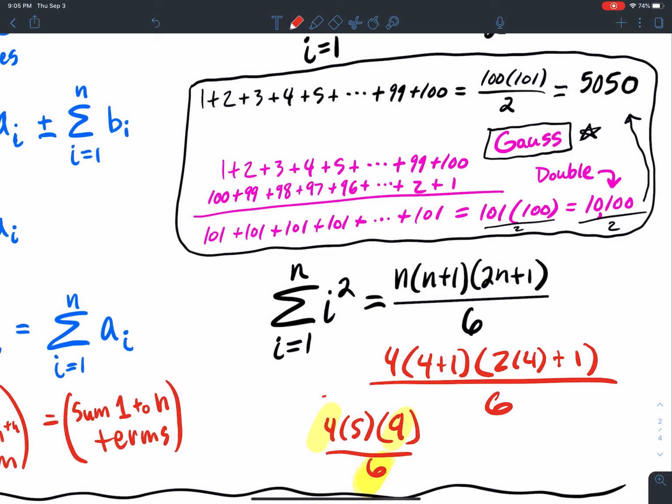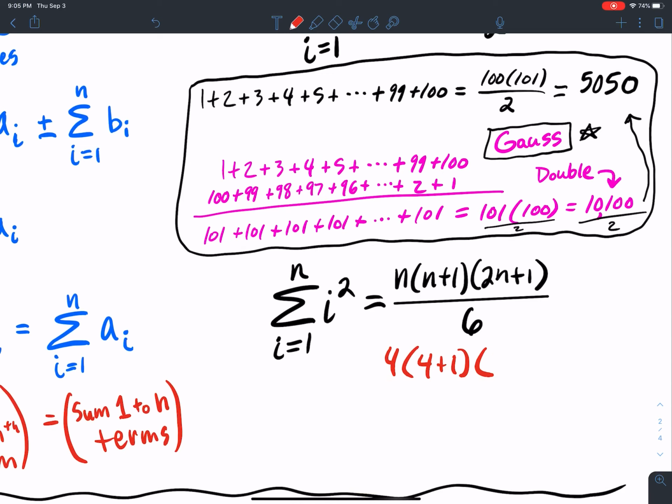So that's going to get me 2 times 5 times 3. So that gets me 30, okay? I know I wrote 3 there. Just ignore that. You know what I meant to say. Okay. So that's how the formulas work.